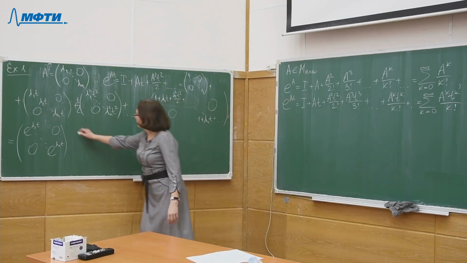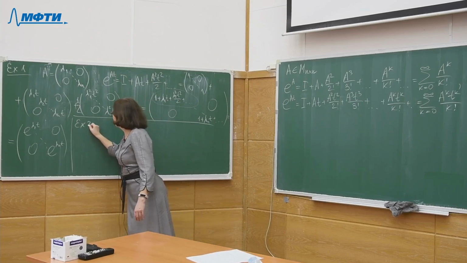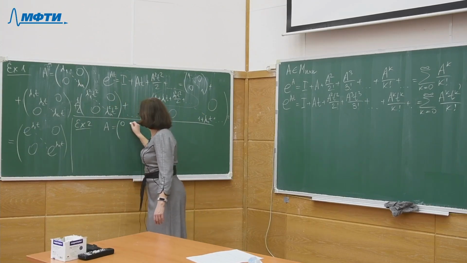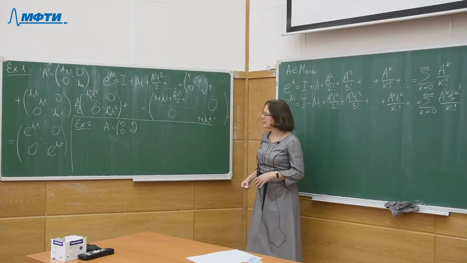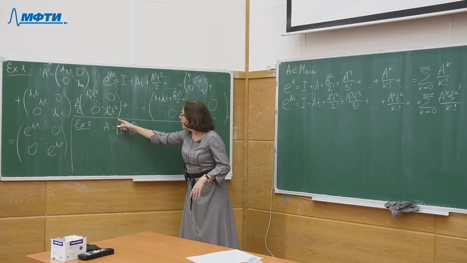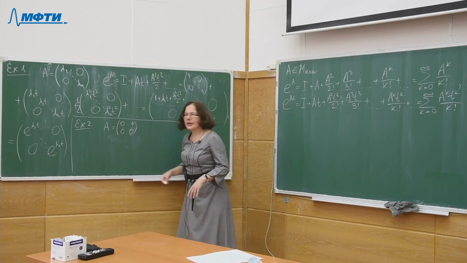And now example number 2. If we have a matrix of this form, it is called a nilpotent matrix, with zeros on the main diagonal and under the main diagonal.